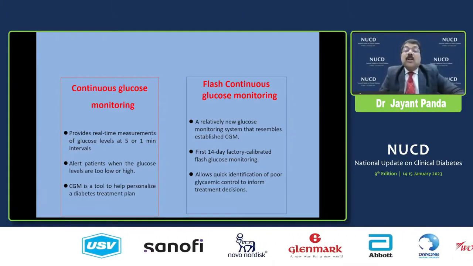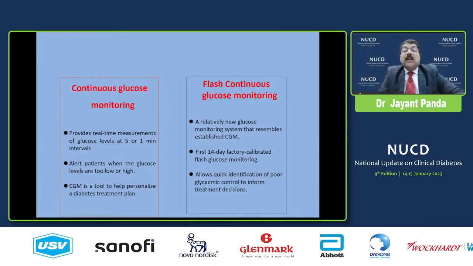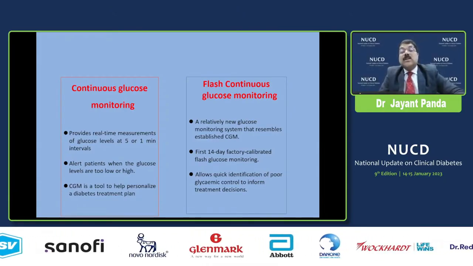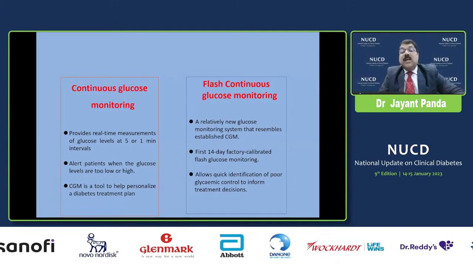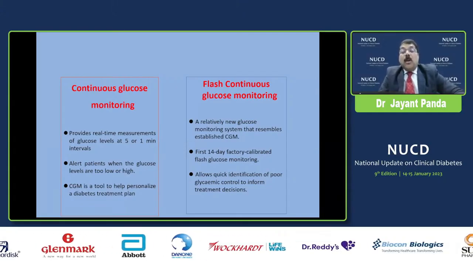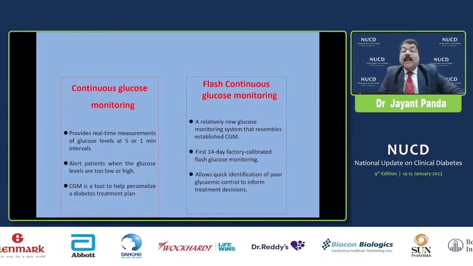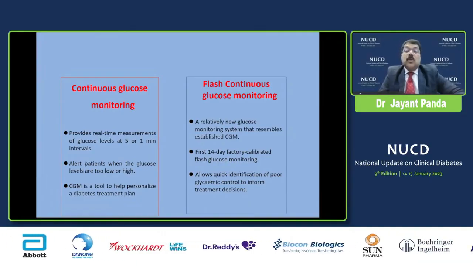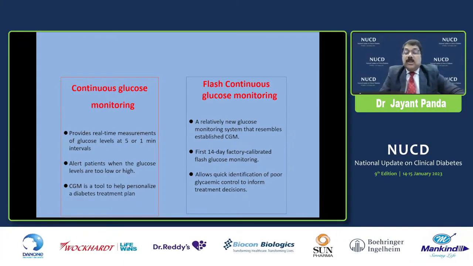But flash continuous glucose monitoring is a relatively new glucose monitoring system that resembles established CGM, and for the first 14 days, factory calibrated flash glucose monitoring allows quick identification of poor glycemic control to inform treatment decisions.